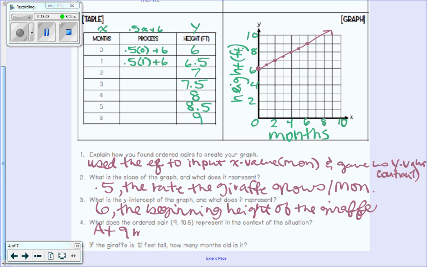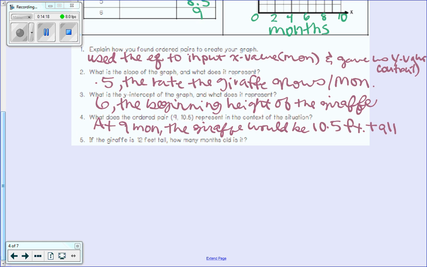At 9 months, the giraffe would be 10.5 feet tall in height, right? Wow. It's pretty tall. All right.